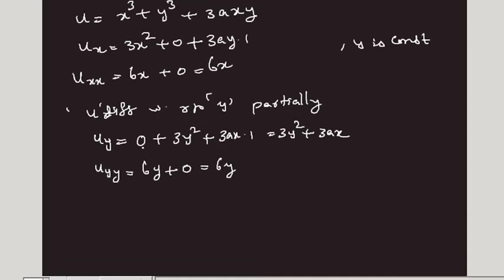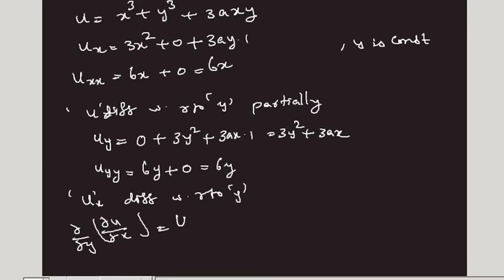So here we can find out u x differentiated with respect to y. If we write this, this is nothing but dou u by dou x differentiated with respect to y. We write this as u y x. So here first u x. What is u x?